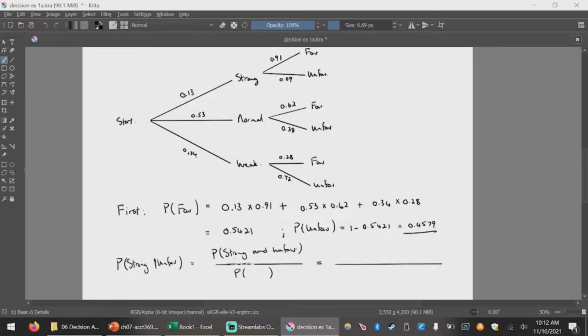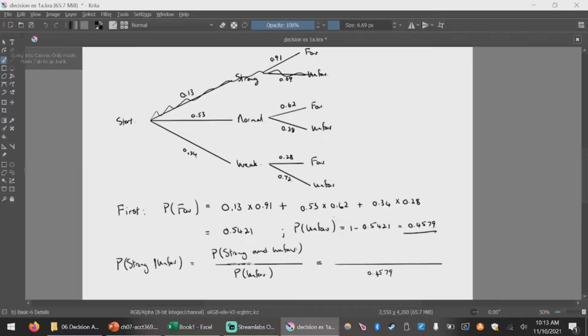The top one is the intersection, strong and unfavorable, and the bottom one is just the probability of the given condition. So unfavorable we already have, it is 0.4579. Strong and unfavorable, you just find which path it is. It is this one.